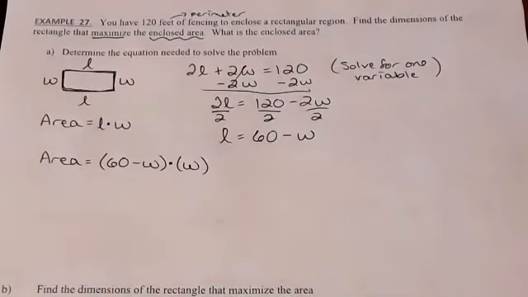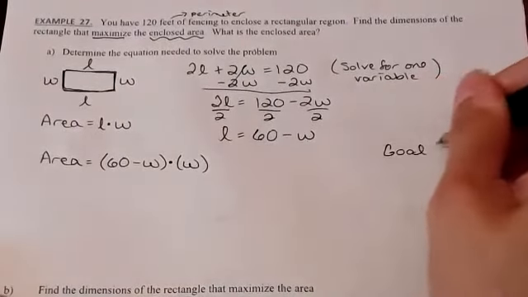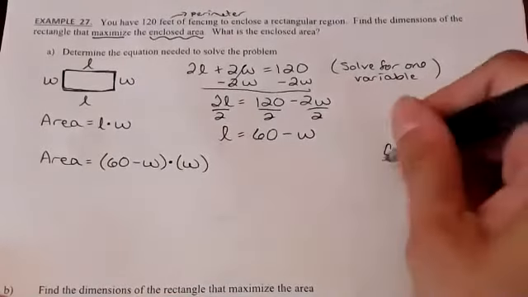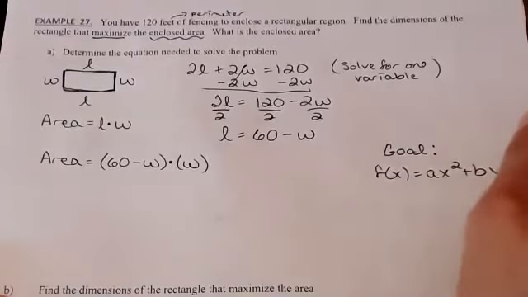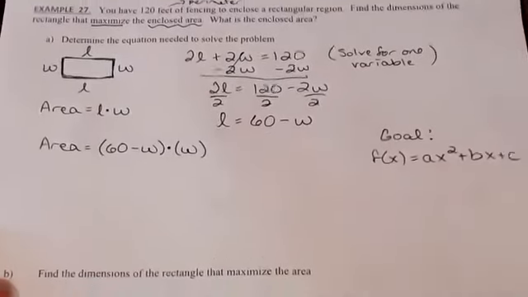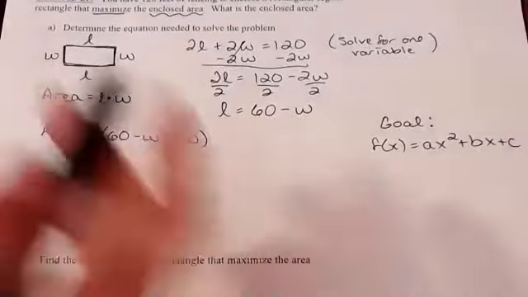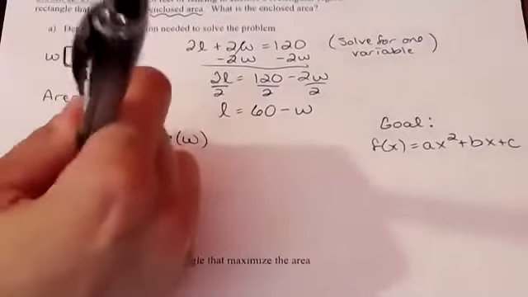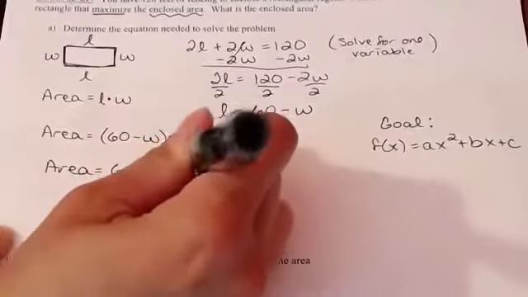This is looking great because my goal in finding my equation is some sort of function where ax squared plus bx plus c is represented. I'm looking for a quadratic equation. Okay, so if I distribute, I get that my area is 60W minus W squared.